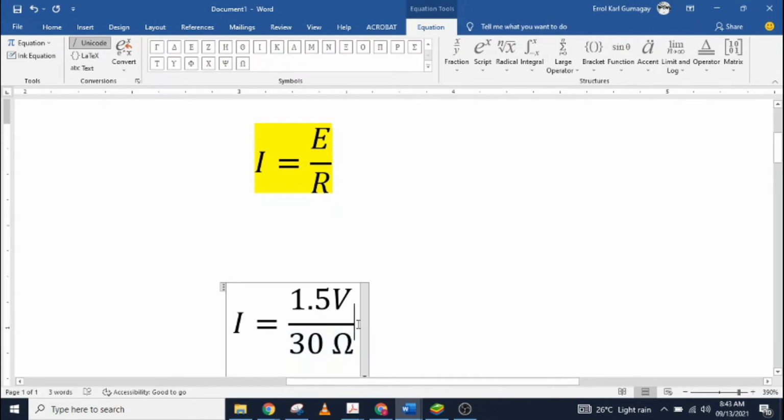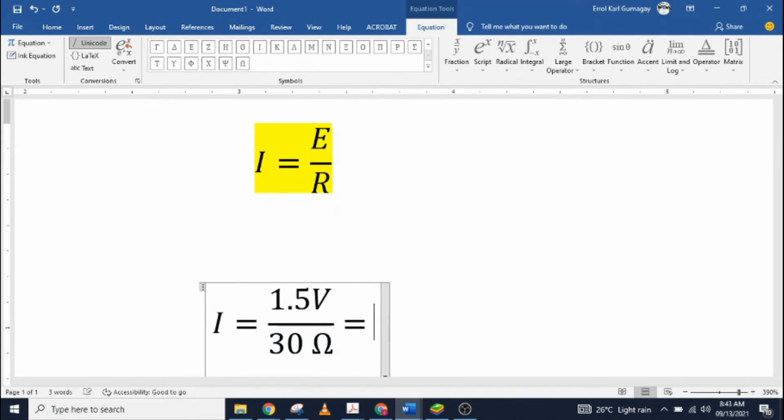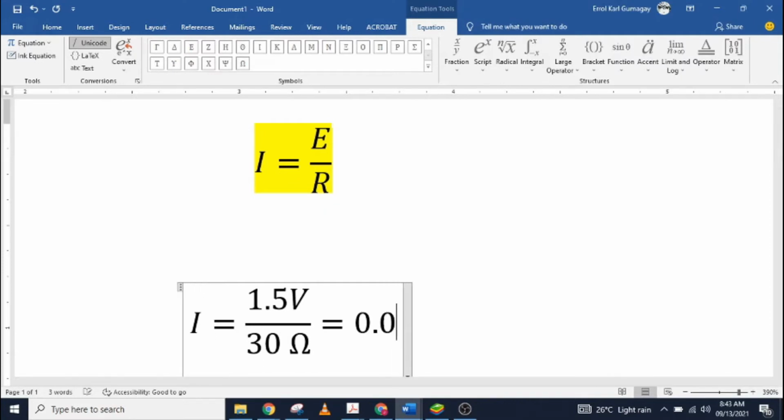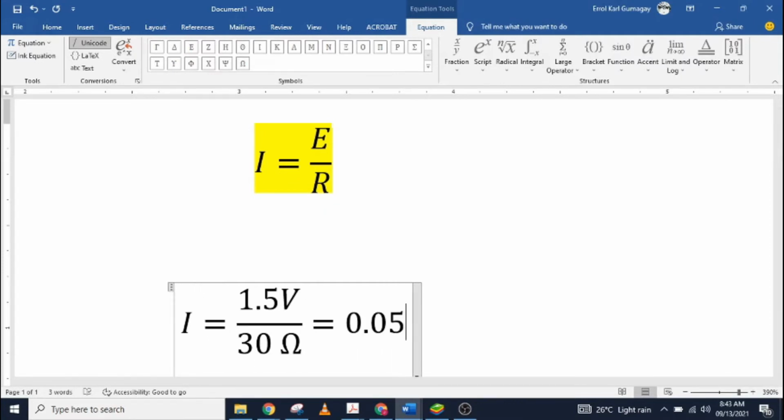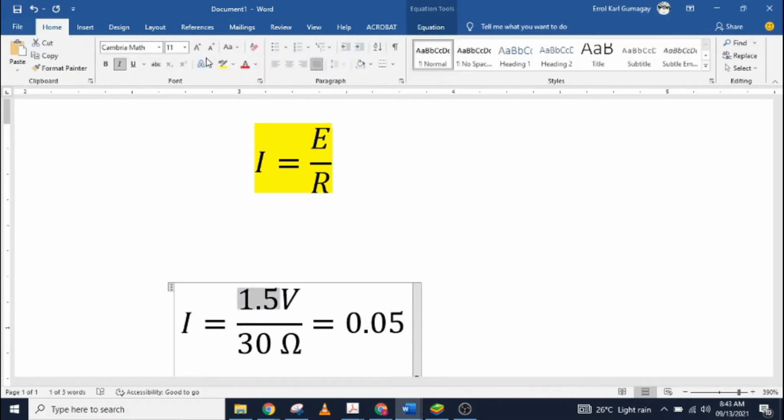Okay? So now, if we put it in the calculator, class, 1.5 divided by 30. You can calculate it yourselves, but this value is correct. It's actually 0.05. Okay? This 1.5, let's highlight it. The 1.5 divided by 30, that is actually the 0.05.